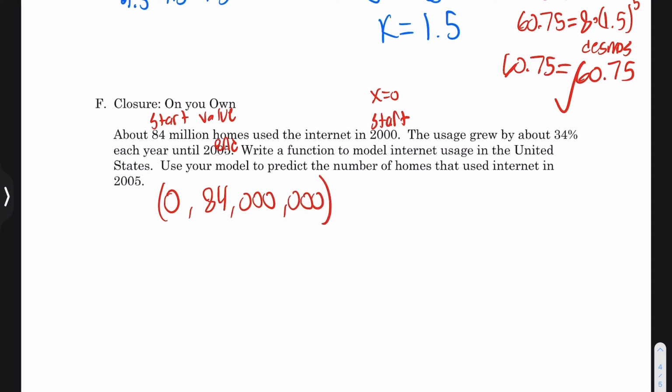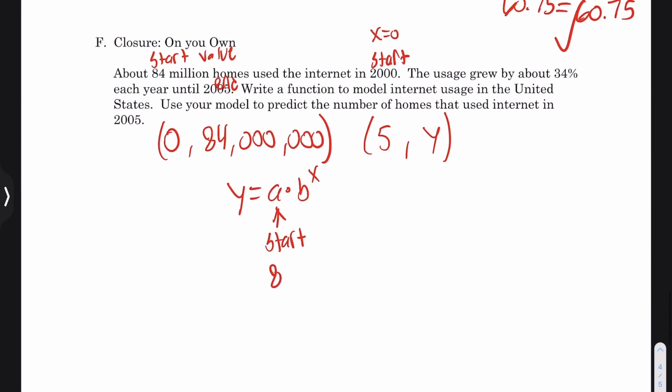And then we need to figure out what number goes with 2005, which is 5 years later. And we can get this y just by plugging in to the formula, a times b to the x. A is the starting value, so we'll put 84 million right there.